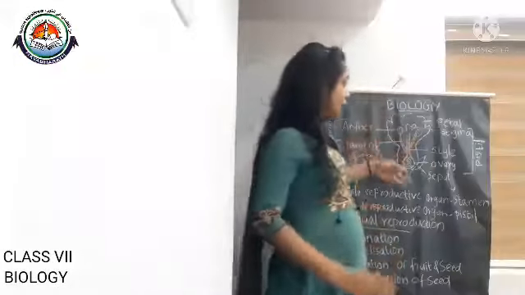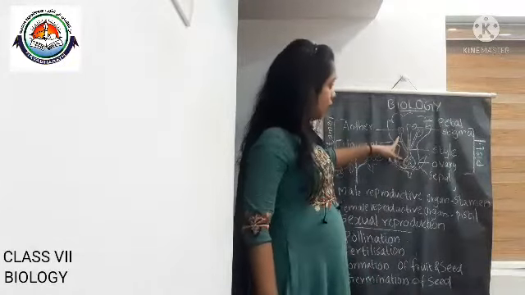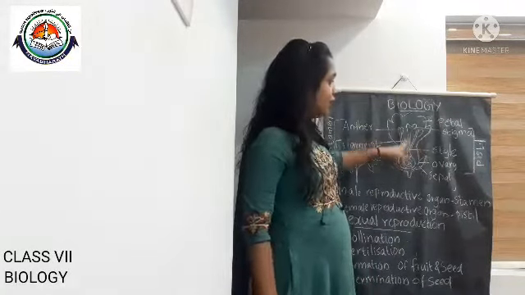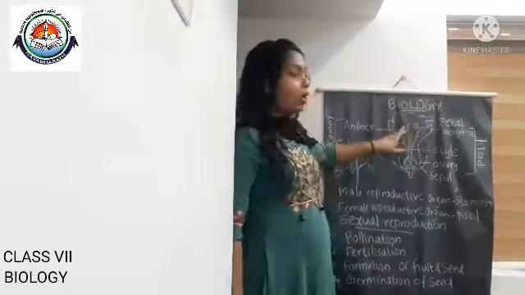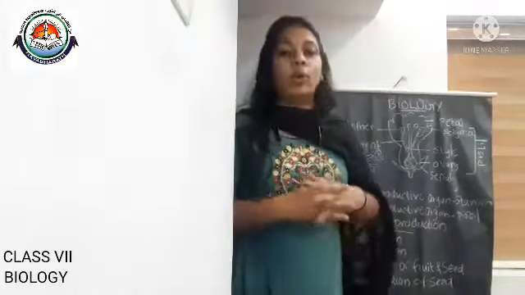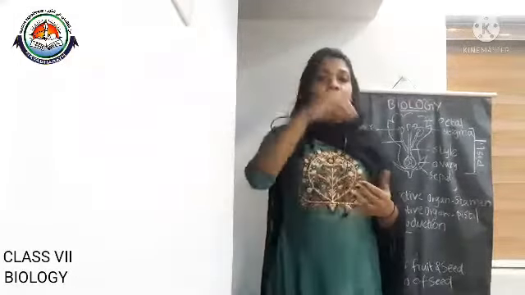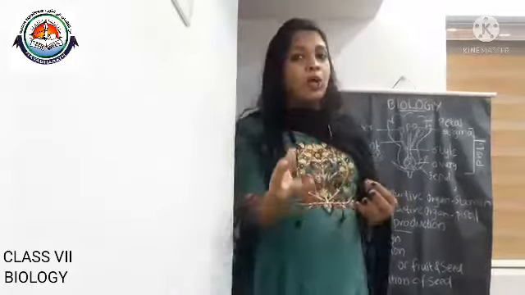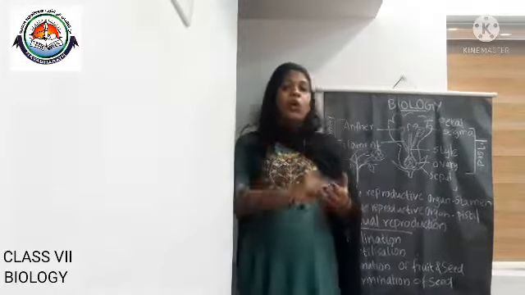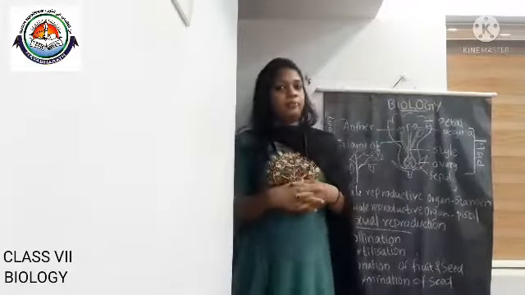And if a single flower contains both stamen and pistil, it is easy to transfer the pollen grains from anther to the stigma. That is also self-pollination. The transfer of pollen grains from the anther to the stigma on the same flower or a different flower on the same plant.